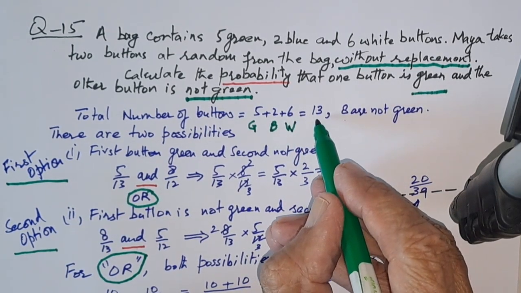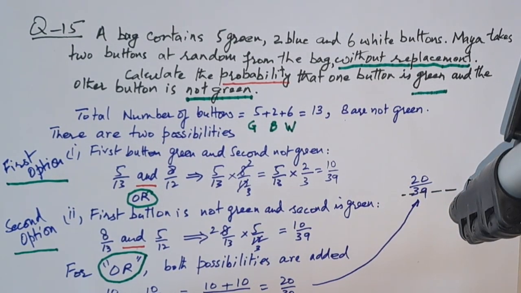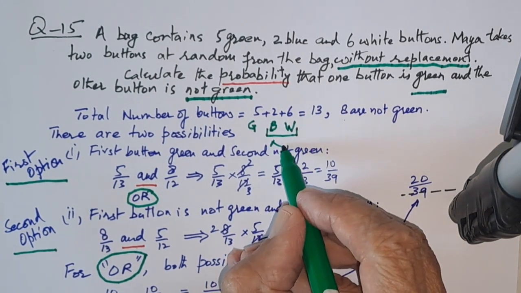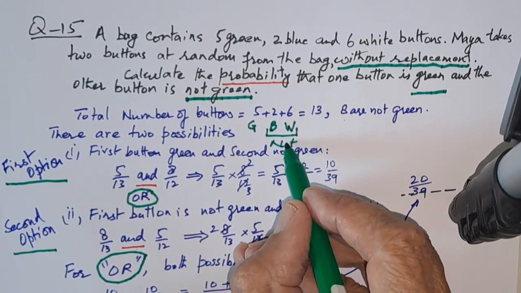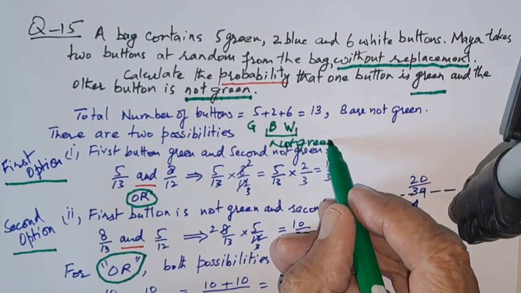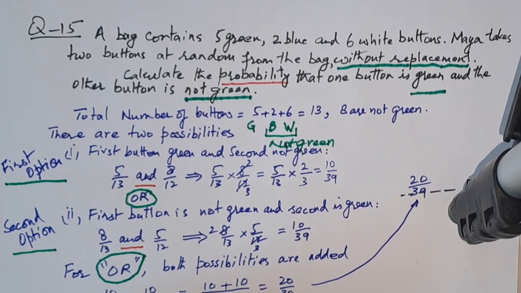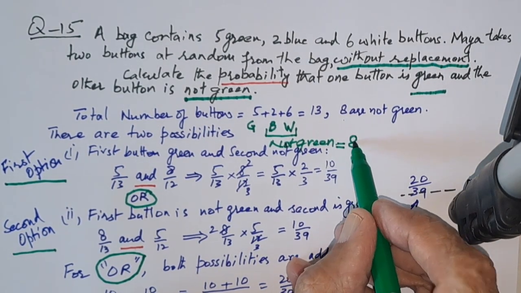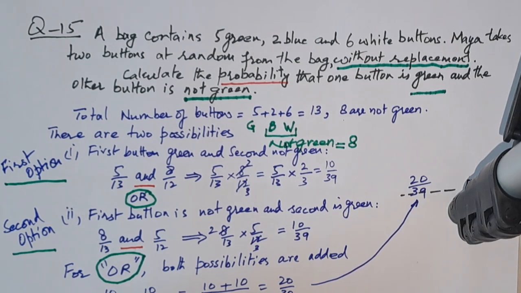Total is 13. So blue and white are not green. That means not green total is equal to 8. And the green are 5.